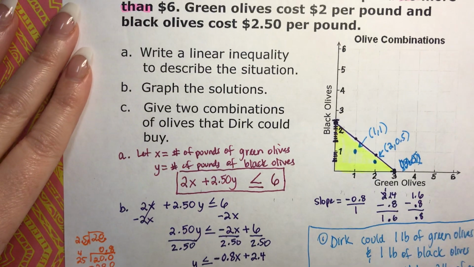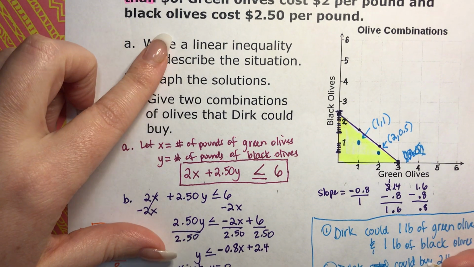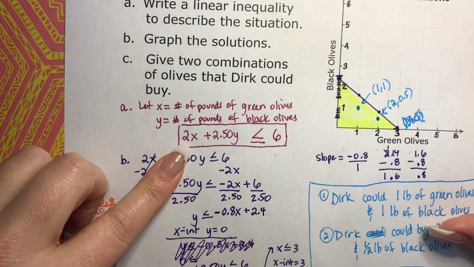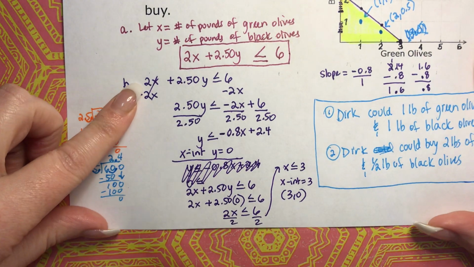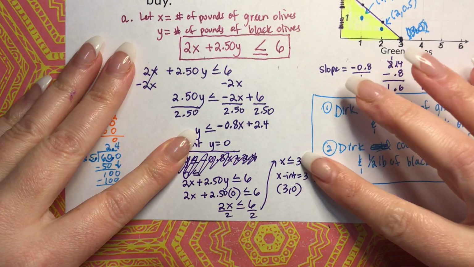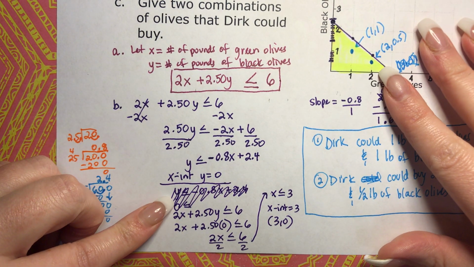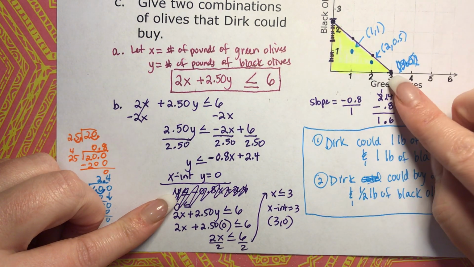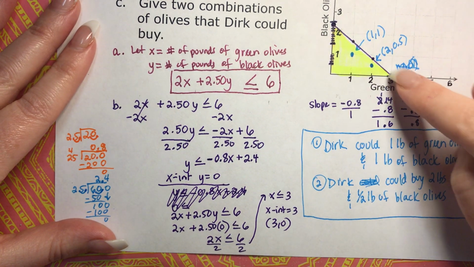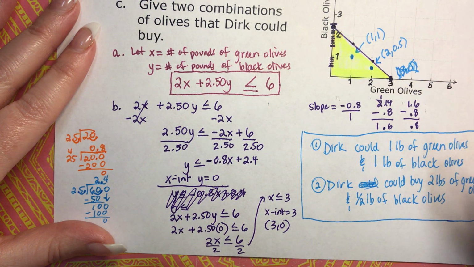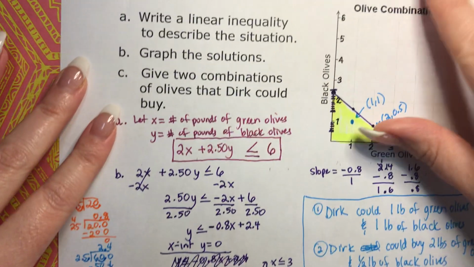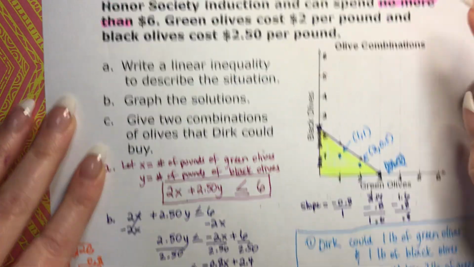All right, so when you do your homework, make sure that you set it up like this. Define your terms, write your linear inequality. When you graph, solve it for y. You might be able to graph it just like that. If not, you're going to have to maybe find an x-intercept. So graph with your y-intercept and your x-intercept. Determine whether the line is going to be solid or dashed, depending on the keywords in the problem, right?